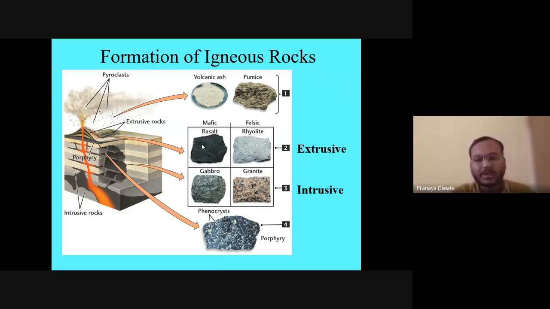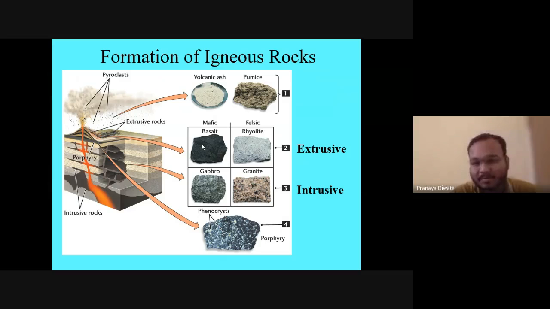Sometimes we see stones or rocks floating on flowing water. That is nothing but pumice rock, which has a very low density. That's why it can float over the water.